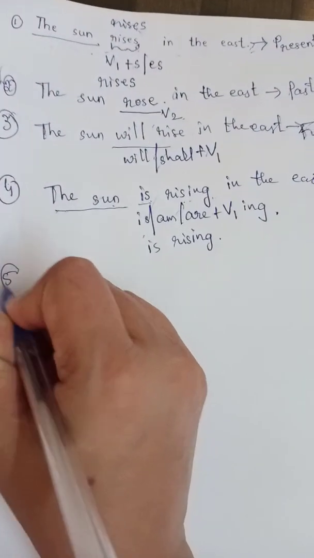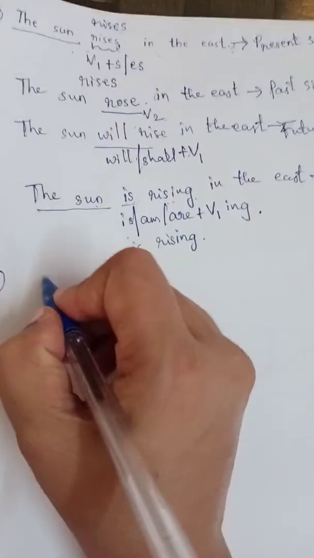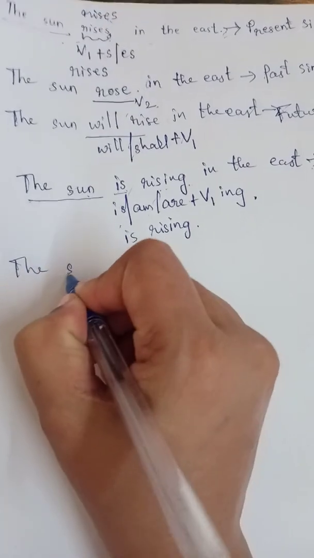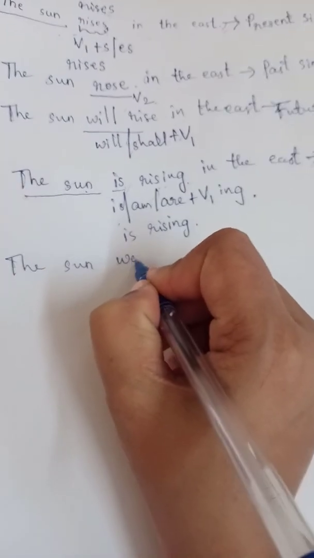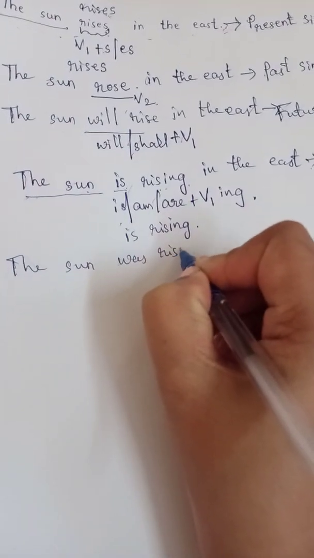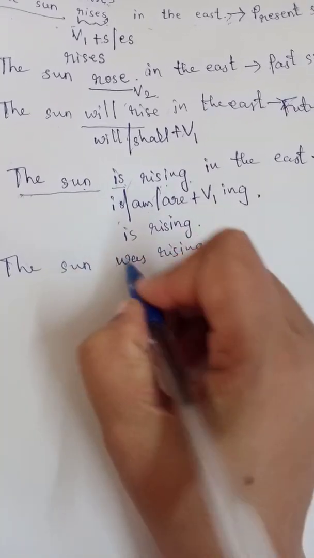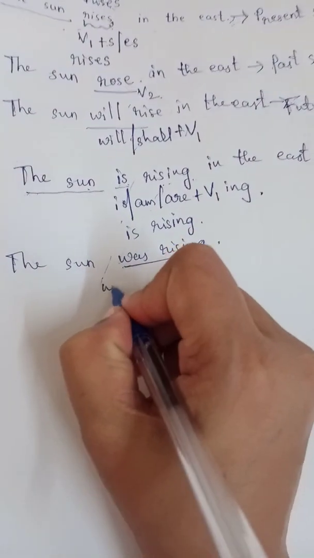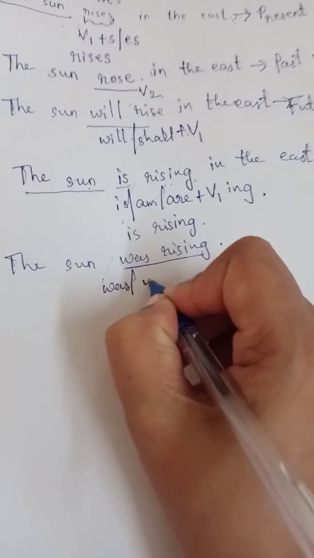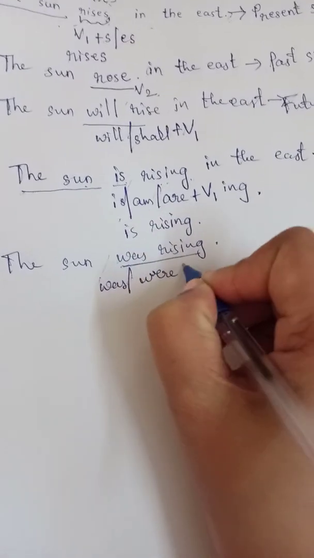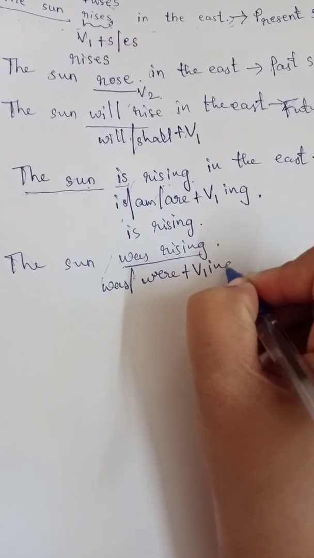Next, past continuous form. The sun was rising. The sun was rising. Verb form: how will it be in the past continuous? Was or were plus V1 ing.